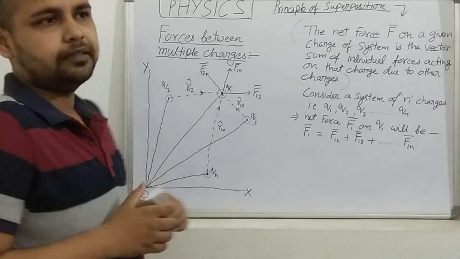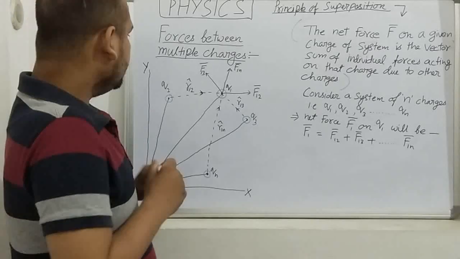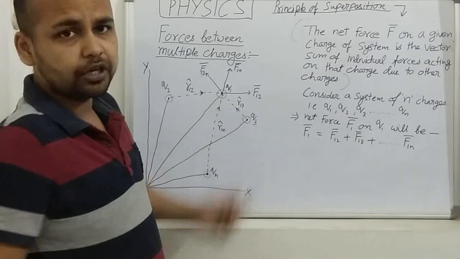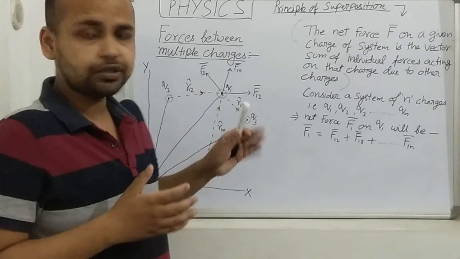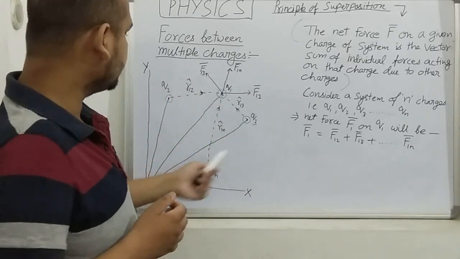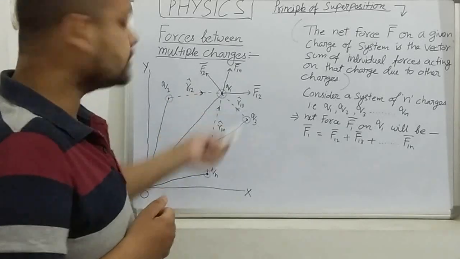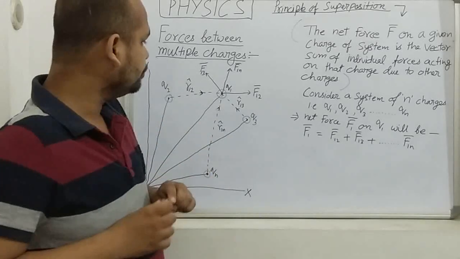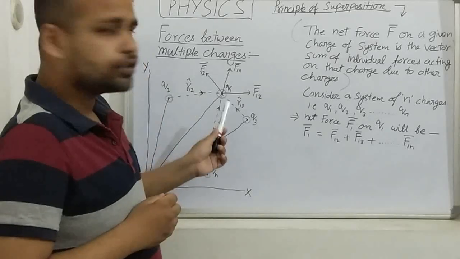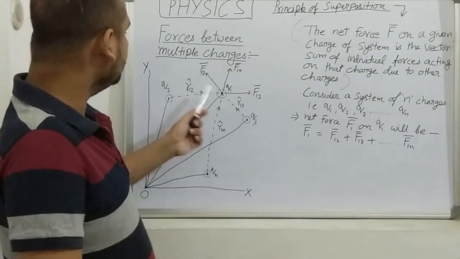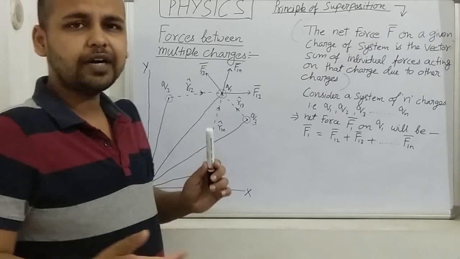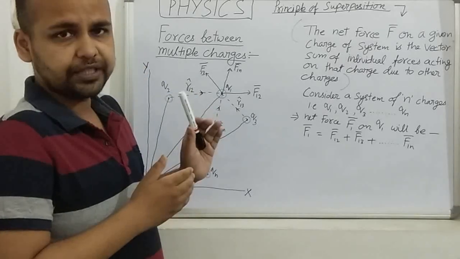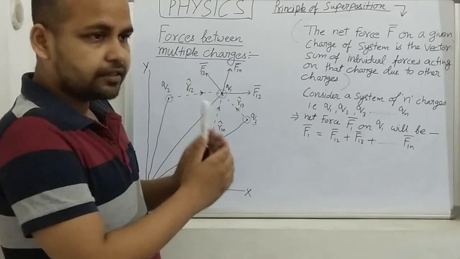Now we will apply Coulomb's law and find the individual forces acting on charge q1, because we are interested here in finding the net force on charge q1 due to all other charges present in this system. Since there are total n charges, we will find the force acting on charge q1 due to q2, q3, q4, q5 up to qn, and we will take the vector sum of that.